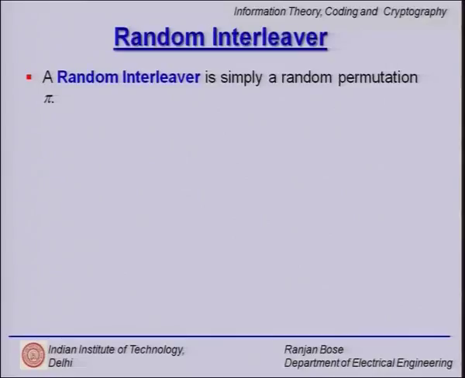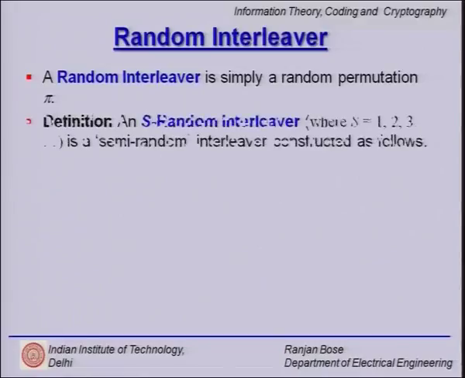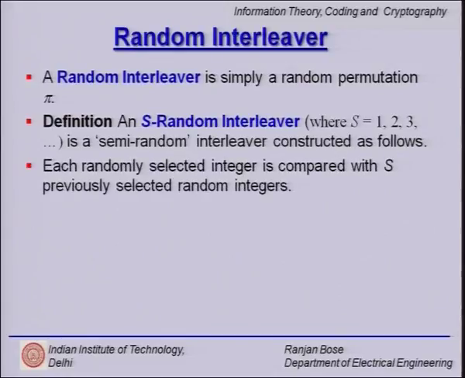What about the random interleaver? Well, you do not have any effort in designing it, it is simply a random permutation pi. An S random interleaver is a semi-random interleaver, constructed as follows. It is a compromise between a random and a deterministic one. Each randomly selected integer is compared with the S previously selected random integers, where S could be 1 to 3 or so.